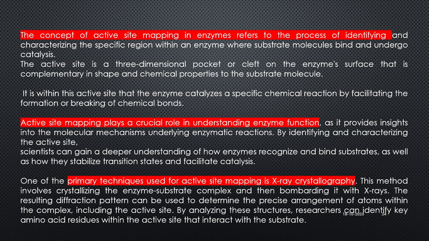After the crystallization of the enzyme-substrate complex, you bombard it with X-rays, and the resulting diffraction pattern can be used to determine the precise arrangement of atoms in the complex, including the active site. By analyzing this structure, researchers can identify the key amino acid residues within the active site that interact with the substrate.